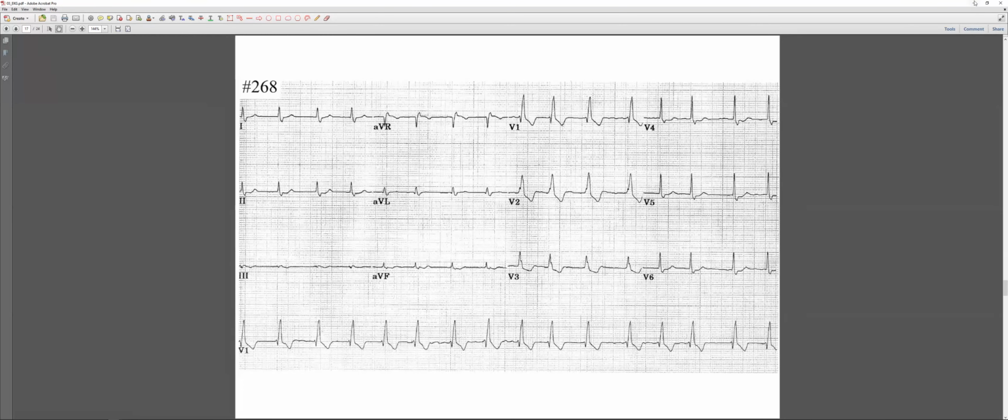Wait a minute, I'll share another one. Left ventricle leads. Look here, that's a strain. This is a strain phenomenon, when you see this down-sloping ST ending with a negative or biphasic T wave. Okay.